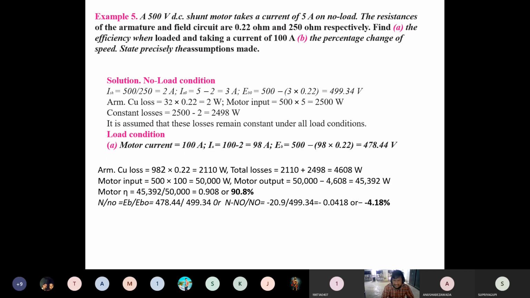Suppose percentage change in voltage, V minus V naught by V naught, whatever it may be. One maximum value is available, one minimum value is available, that is the loaded condition value and the no load condition value. So the change in the two values, percentage change in the values, right? So now go for the next problem.